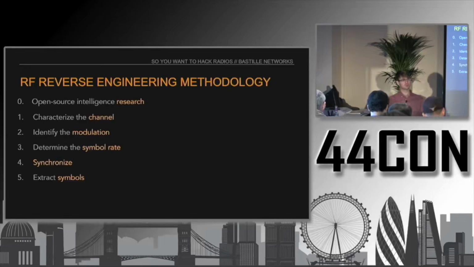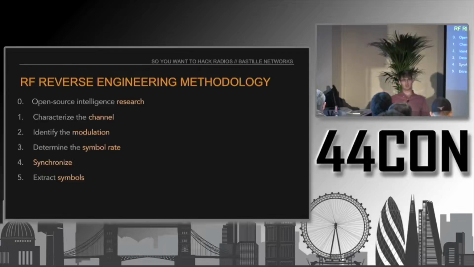And those are the permissively licensed bands that devices like this are allowed to transmit in without a special site-specific license. The common ones you'll see are 315, 345, 433, 868, and then 915 megahertz. So those are 5 sub-gigahertz bands to look at.